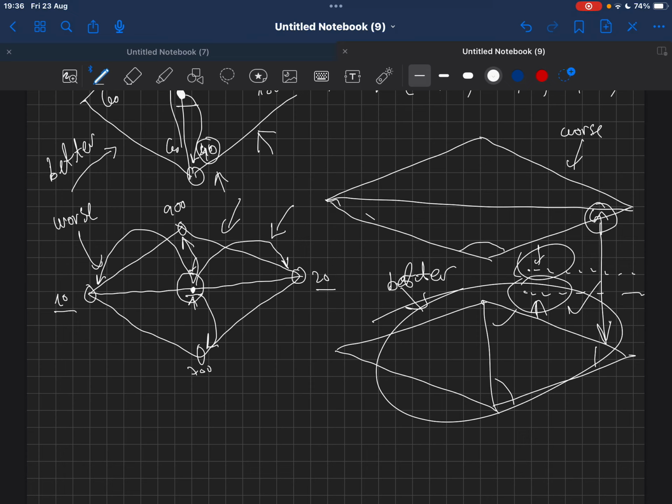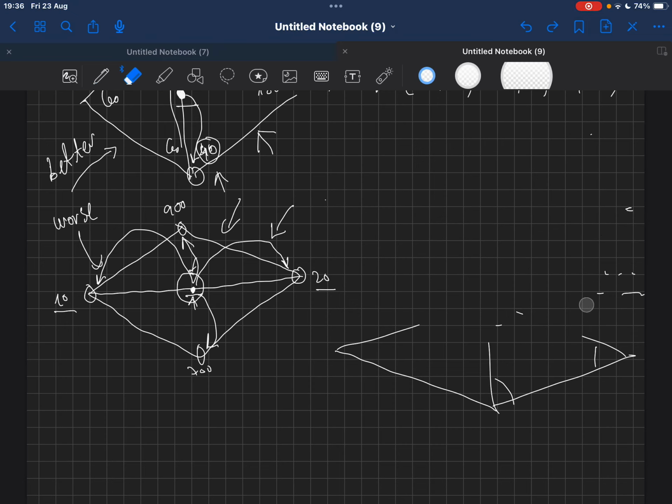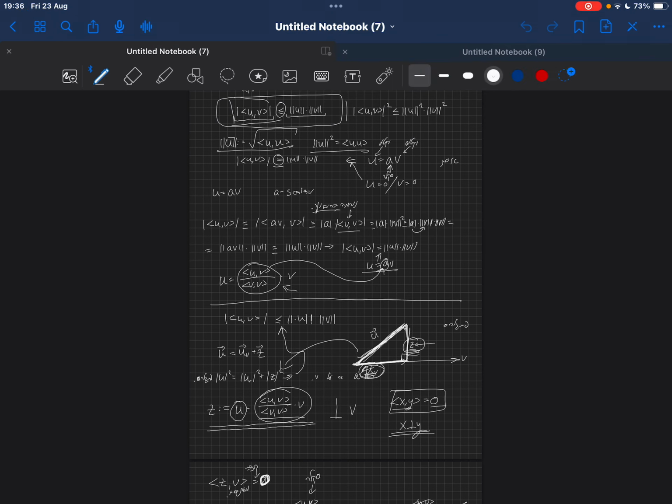Now we'll continue to see how the vector of angles for the second option is worse in our example. I made a very short explanation to explain what will happen. So let's go back a little bit.